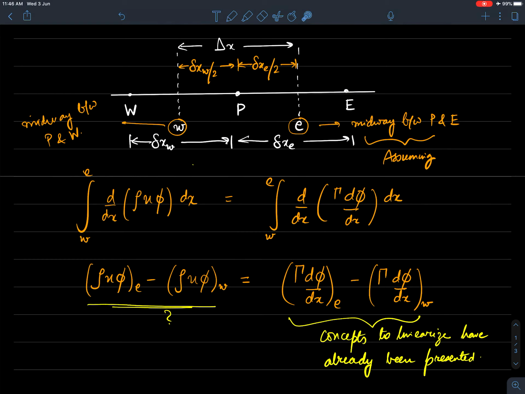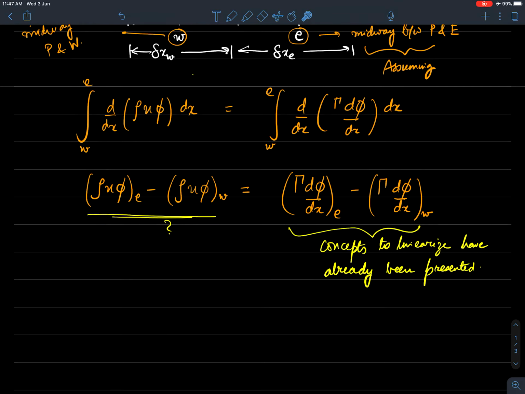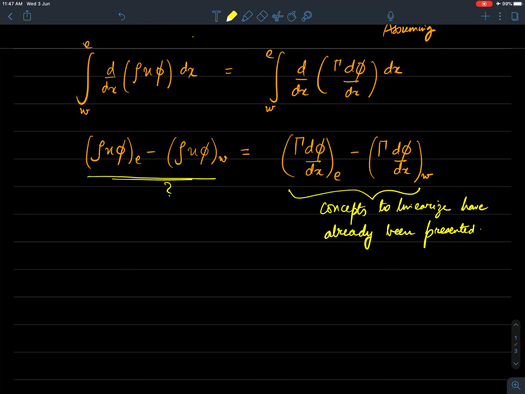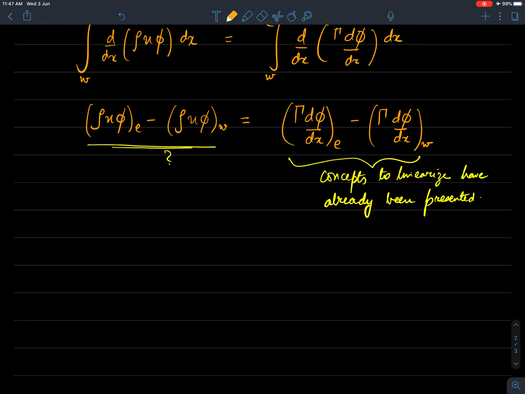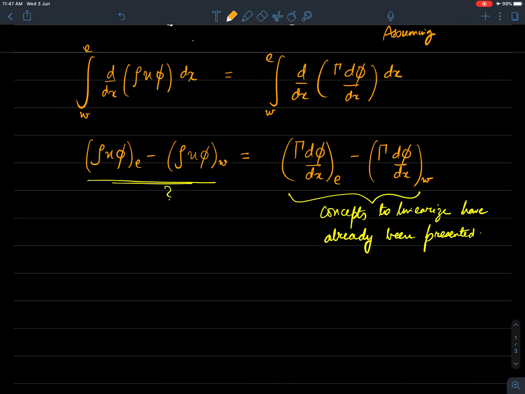Remember that we are going to write rho u phi at east face, right? But we don't know the value of phi at the east face. We know the value of phi at grid points. Similarly, velocity is also something that would be available at the grid points. Okay, but let's not concern ourselves with that thing so much right now.